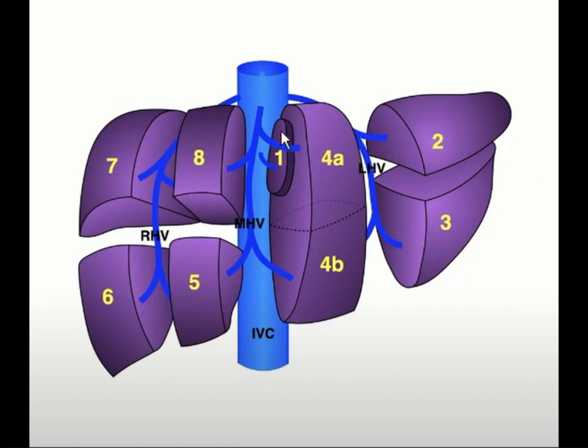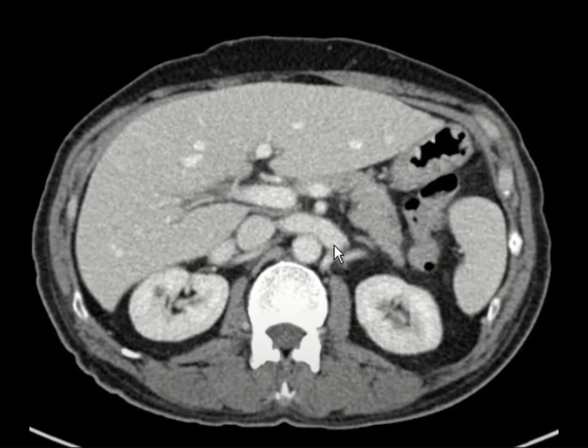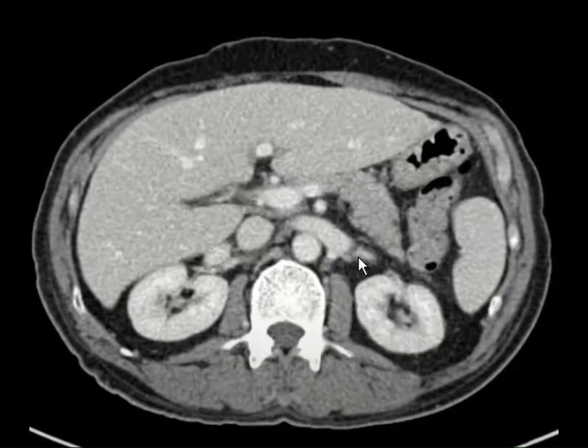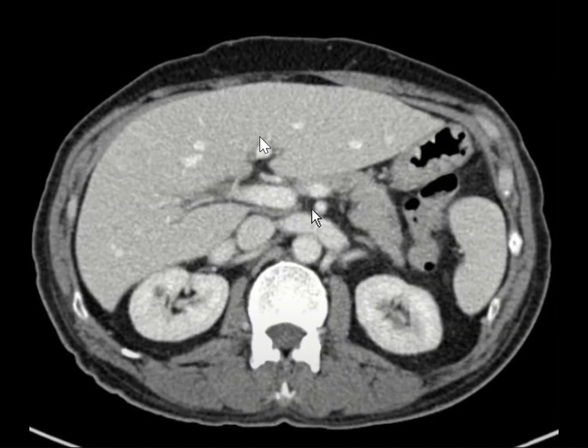So if you go to the CT scan, can you see the portal vein? If you are at the level of the portal vein, the level of the pancreas, the level of the kidney, this is the lower hepatic segments. And at this level, I can't see the caudate lobe.